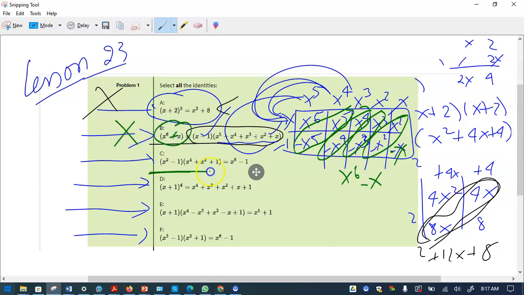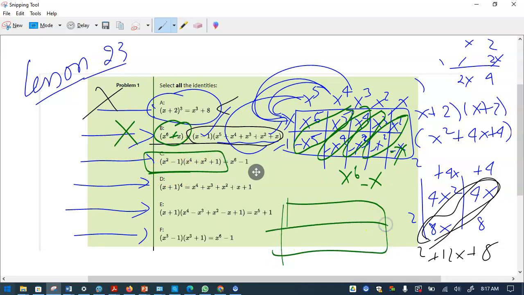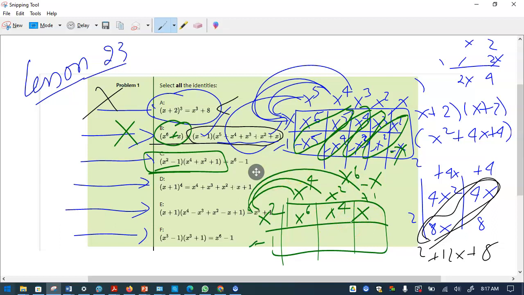And likewise, you need to figure this out by making the box. So this is x squared and minus 1, and this will be x raised to 4, x squared and plus 1. So this will be x raised to 6, x raised to 4, and x, minus x raised to 4, minus x squared and minus 1. See, like this.